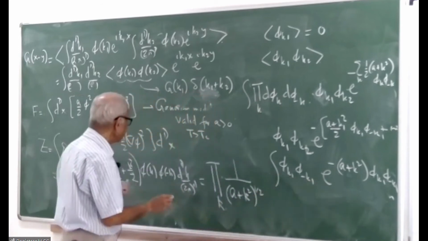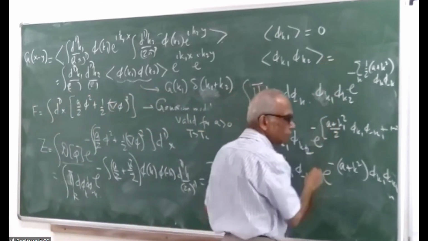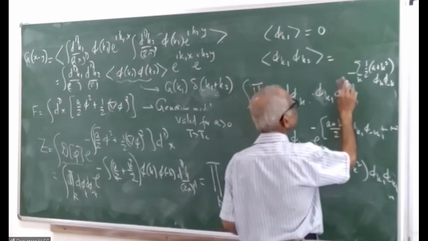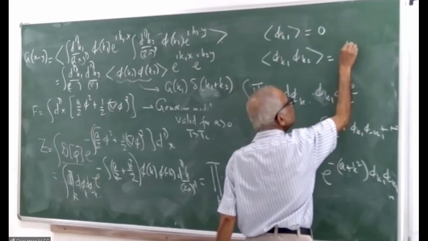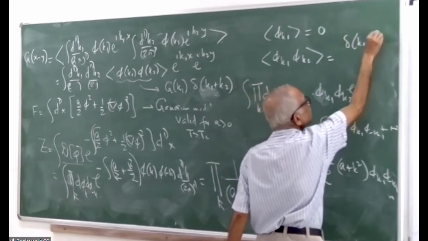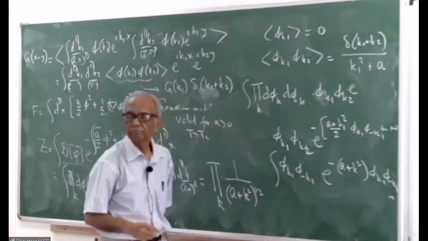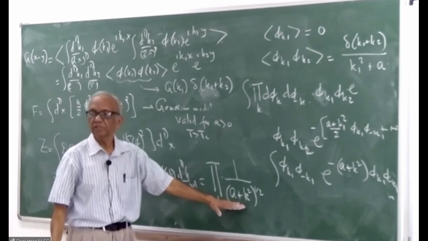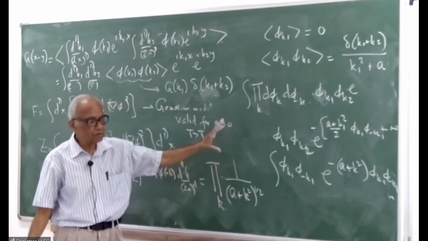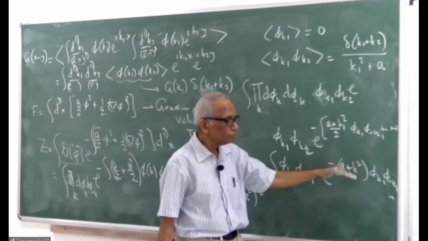So this correlation function that we were talking about has to be equal to delta of k1 plus k2 divided by k1 squared plus a. That is the only new thing that has come. Everything else is another term of this kind, and they all cancel from top and bottom. The only survivor is this 1 over a.